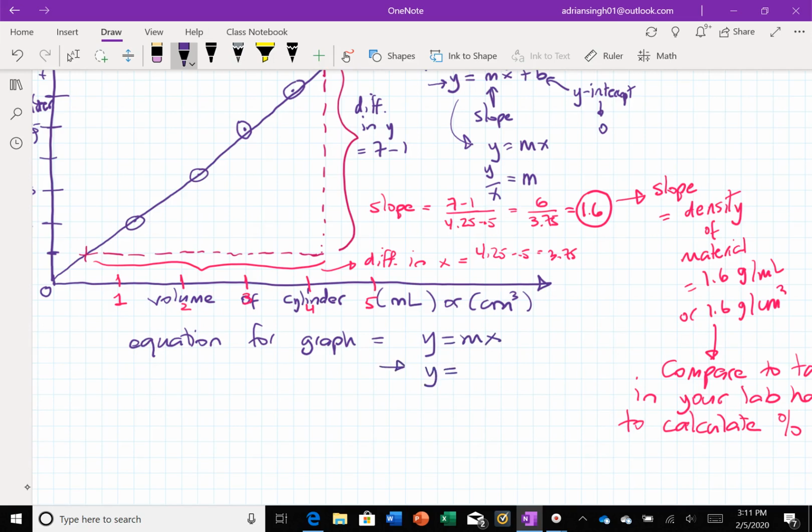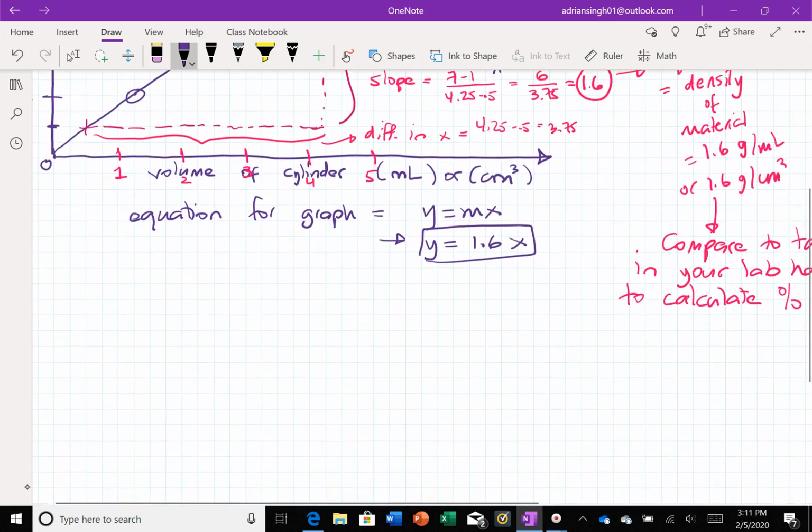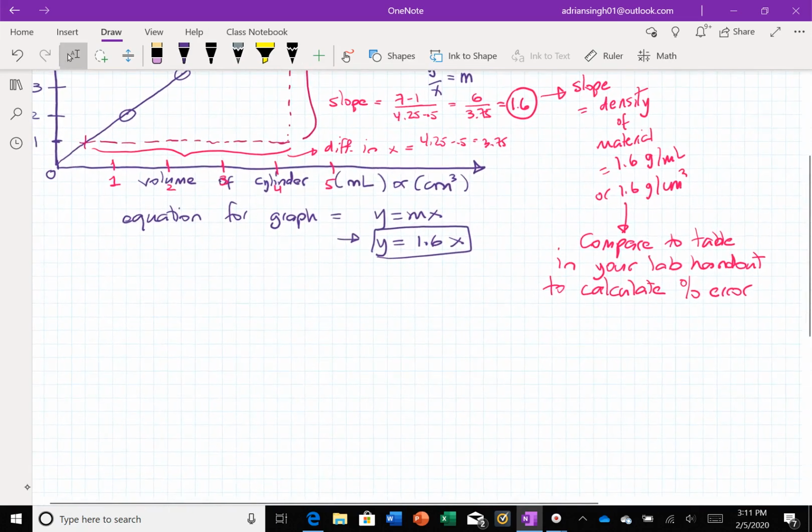And I can just substitute the value for m, the slope, which is 1.6 times x. All right, so the last thing I can do, like I mentioned, is to calculate my percent error.